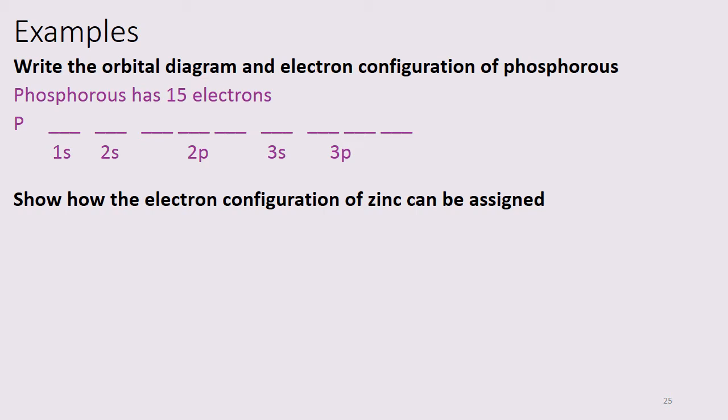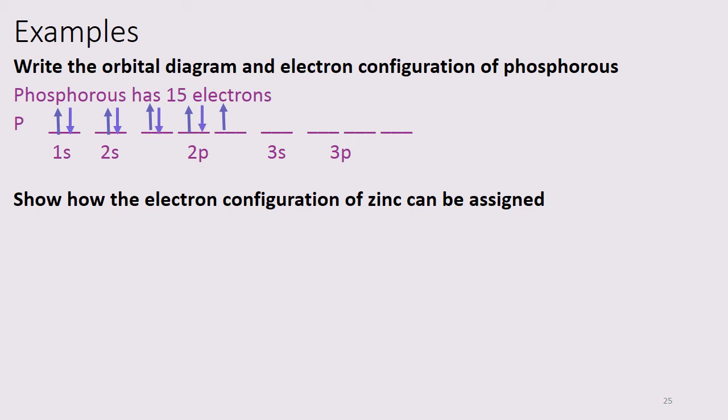All right, now 15, let's start counting. 1, 2, that fills up the 1s orbital. 3, the next one fills up the 2s orbital, so 4. Now, the 2p's, remember, are the same energy level, so 5, 6, 7. They're each going to half fill until each orbital is half filled.